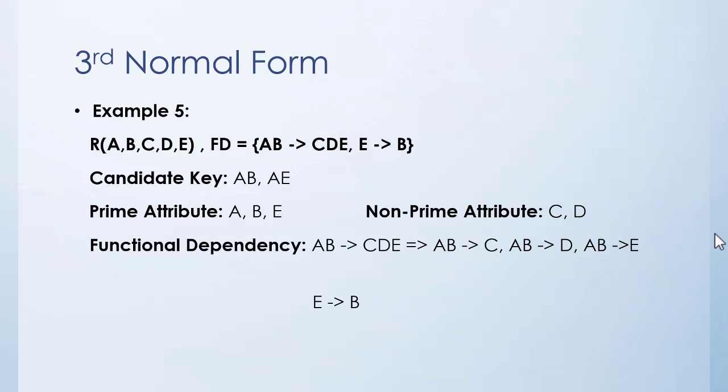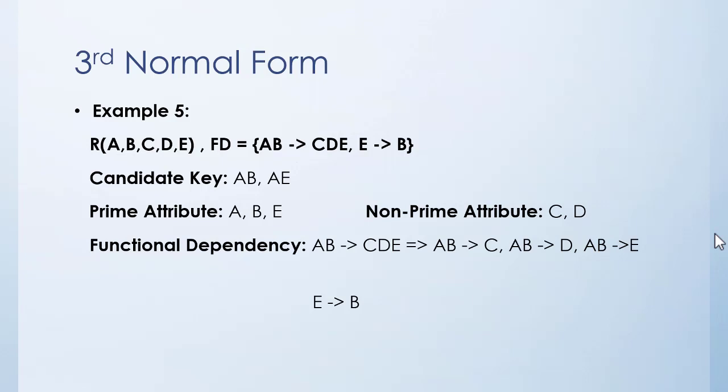Similarly, as E determines B, we can replace B with E and that will determine all other attributes in the relation. So AE also can be a candidate key. Now the prime attributes here are A, B and E and the non-prime attributes are C and D.